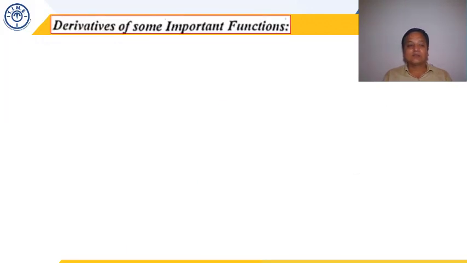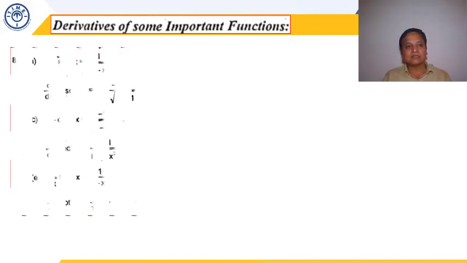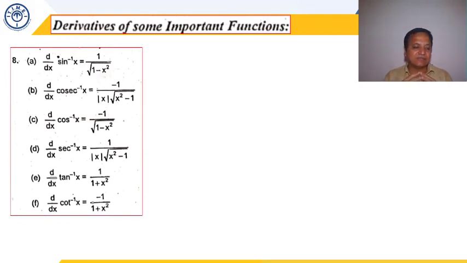Now, derivatives of some important functions. We are on derivatives of some important functions. Differentiation of sine inverse x is 1 upon root 1 minus x square. You'll be using these results, I'm just reading them out. Differentiation of cosec inverse x is minus 1 upon mod of x multiplied by under root x square minus 1.